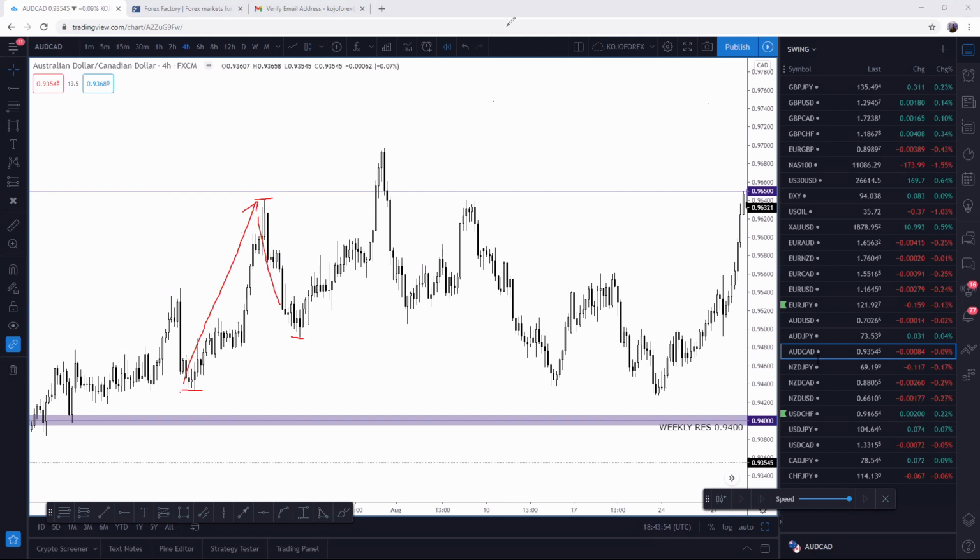Let me use a different color for the retracement. And then we retraced, right? And then we created a new swing point. And then we start to push down again.